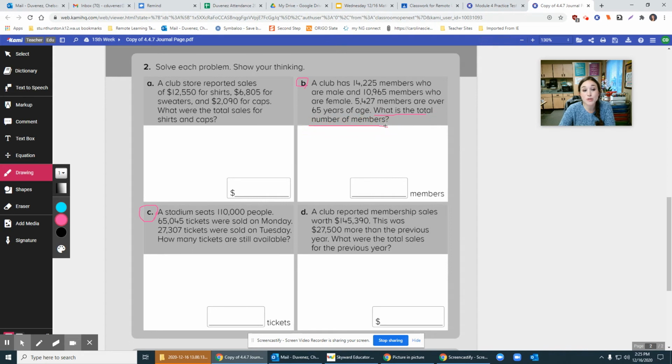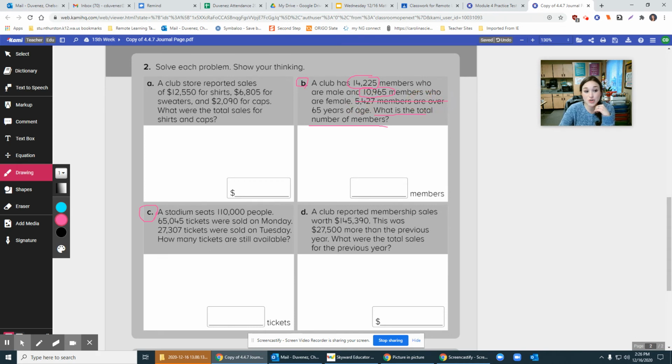I'm going to tell you, majority of students added all 3 of these. If 14,225 members are male and 10,965 are female, guess what? Those are already counted. And it's just telling you, out of those, 5,427 are over 65, but you don't need that.